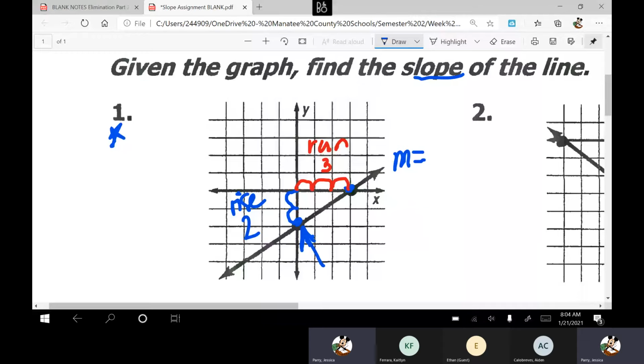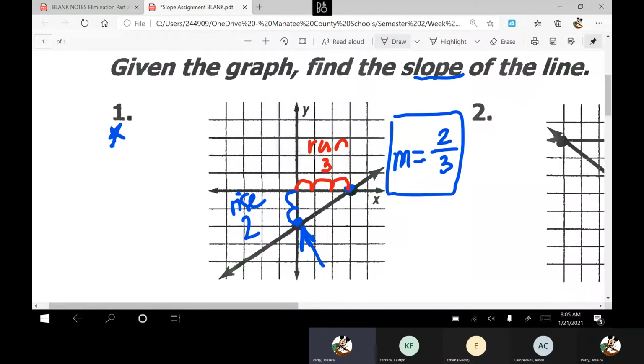What over what? Would I do 2 over 3 or would I do 3 over 2? You can turn your microphone on or you can write it in the chat. What would I write for my final answer for the slope? 2 over 3 or 3 over 2? Awesome, good job, guys. So we're going to do that rise over run, so you come out to 2 over 3. This would be your final answer for number 1.